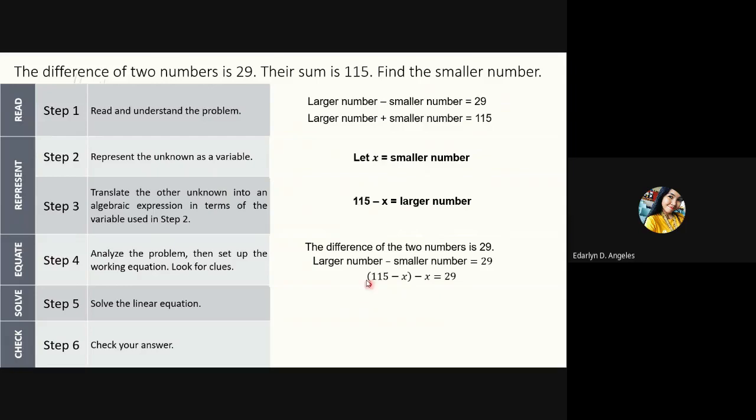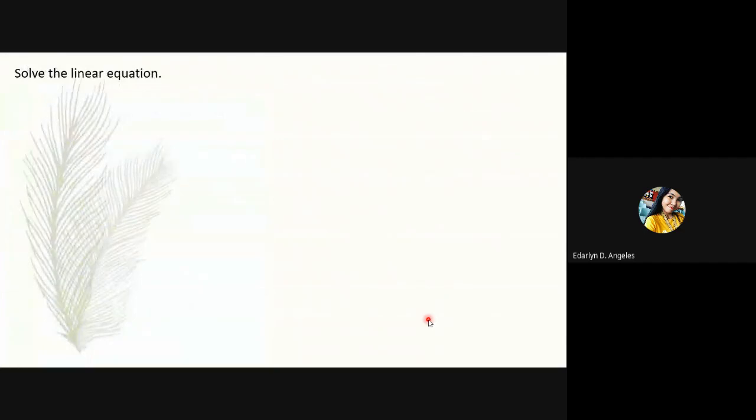Okay, since we already have our equation, we can now solve our linear equation. Since we don't have enough space here, let's just solve this on the next slide. To solve the linear equation, again, the given is 115 minus x is equal to 29.